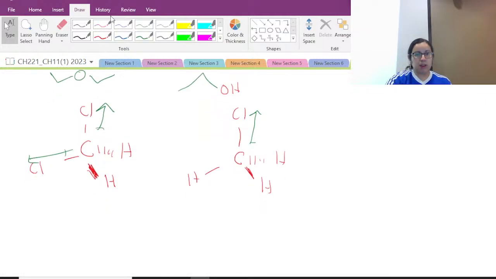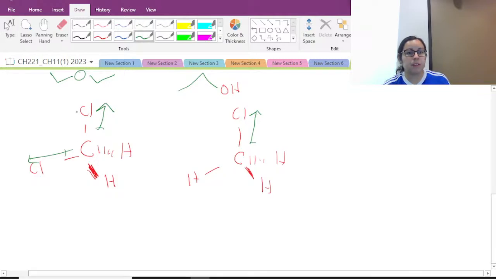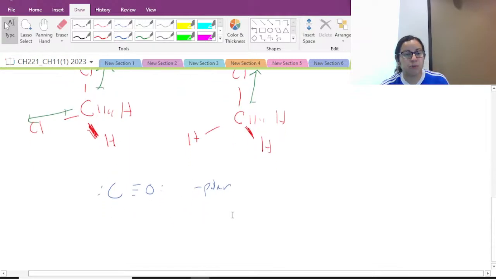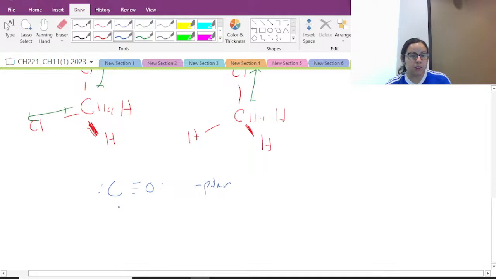I will just mention, not to harp on CO too much, but if you look at CO, I would consider this polar, but if you look around on the internet, you will find discrepancies because people will argue. If you remember from last time, we said the formal charge was on the carbon. We said that was really reflective of its structure and that it was odd, but that's what it does.